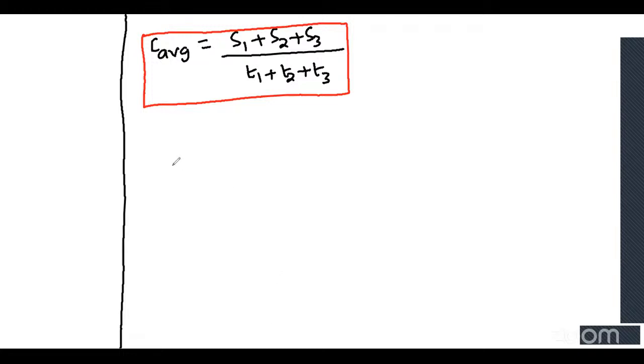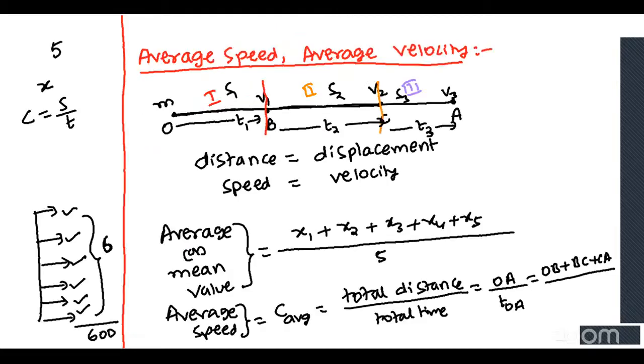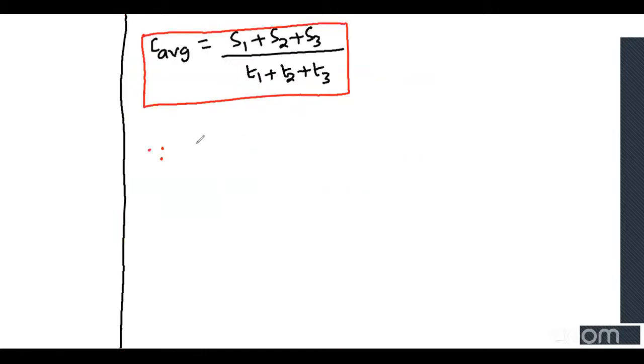In the first interval, distance traveled is S1 and time taken is T1, so speed V1 equals S1 by T1, because speed equals velocity here, and instead of C1 I am writing V1. Similarly, V2 equals S2 by T2 and V3 equals S3 by T3.